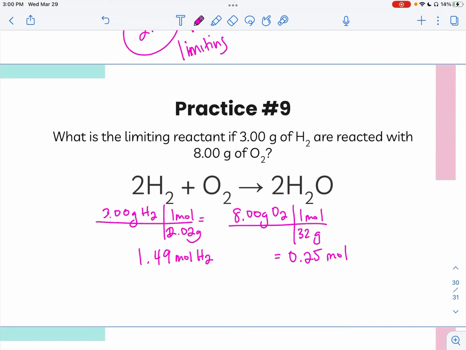So now I can go into my limiting reactant. How many do I need for each reaction? For hydrogen, I have to have 2 for each reaction. So when I divide 1.49 by 2, remember, I got the 2 from right there, I get 0.745. And then for oxygen, remember there's an invisible 1.